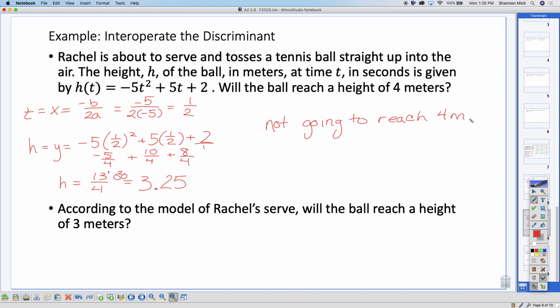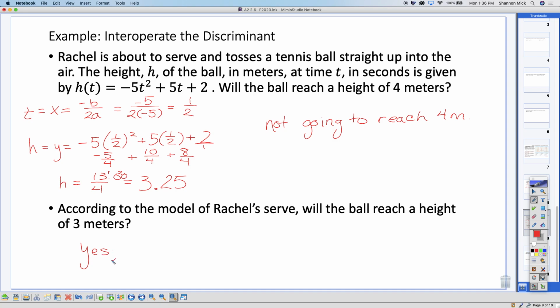Now, the book would set that equal to 4 and see if it was true or not true. Did I need to do that? No. Now it says, according to the model Rachel served, will the ball reach a height of 3 meters? Yes. It will reach and exceed it. You have to explain.